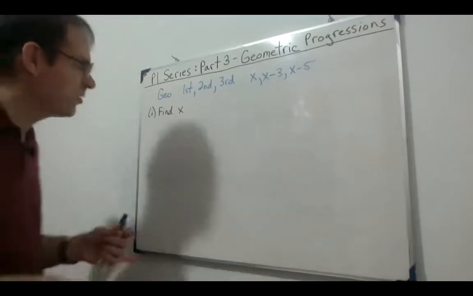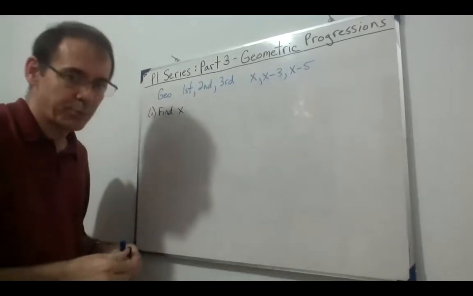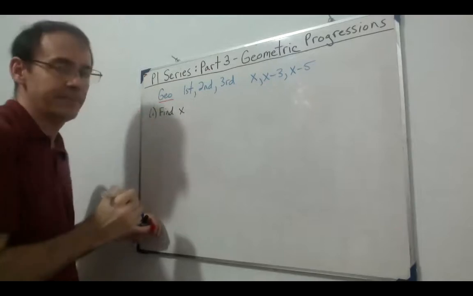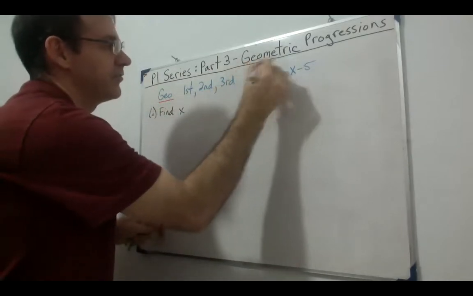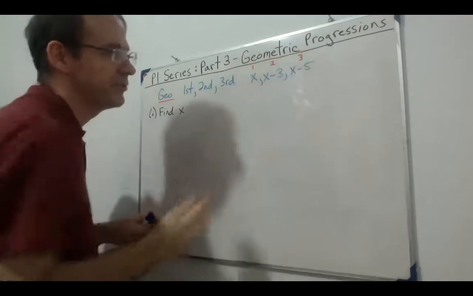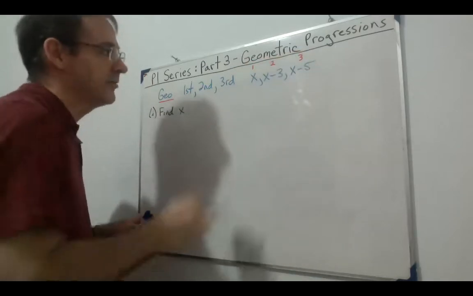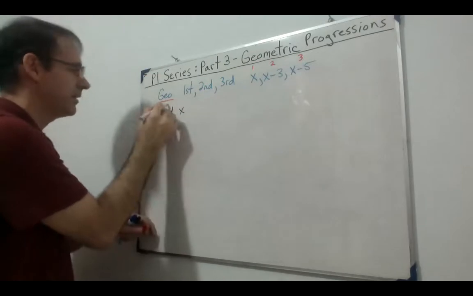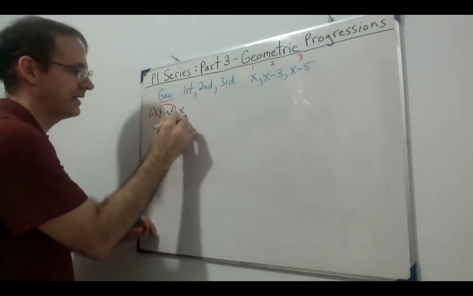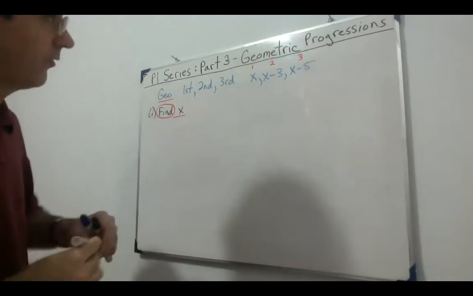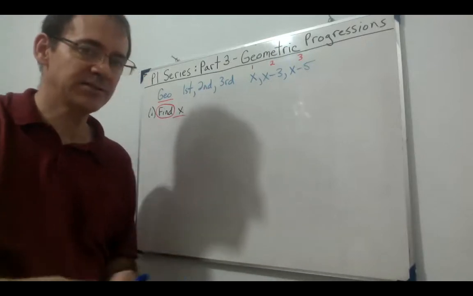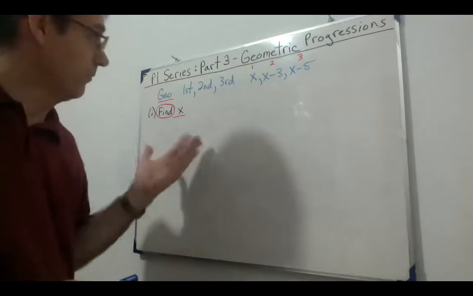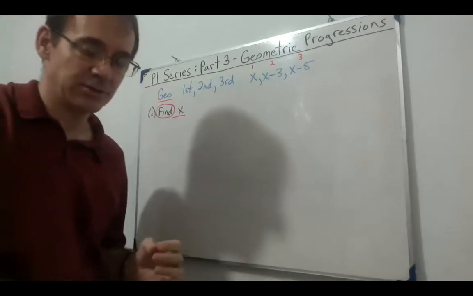As you go through the question, underline important things. Again, it's geometric. So first, second, and third, here's our first, second, and third terms of the progression. So that's important. And again, our verb, we're trying to find x. Now, it's difficult to use any of the formulas because we have all these unknowns.